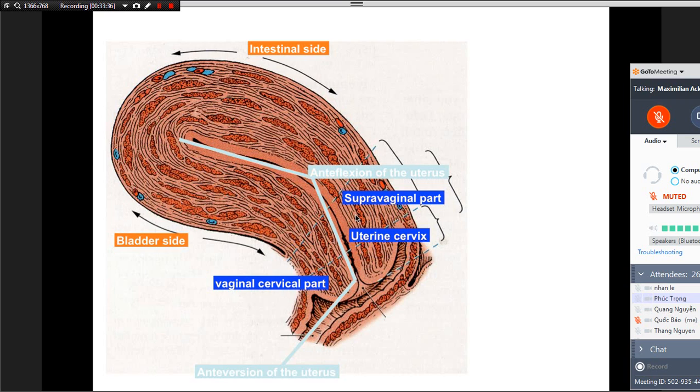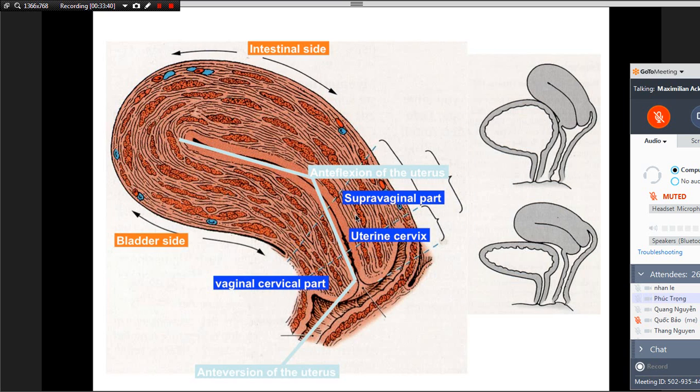It's a so-called anteflexion of the uterus. And the positioning depends on the filling of the bladder. You see, this is depending here. If you have a huge filling of the bladder, the angle is also changing. The same is true if you're pregnant. In this case, also the angle is more or less changed. So full bladder, empty bladder, different angles there.